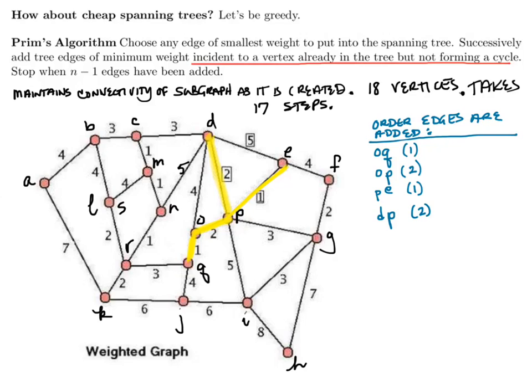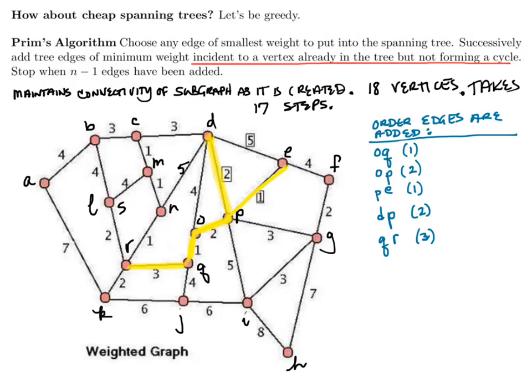And now what do you find is the next cheapest edge? Looks to me like it's weight 3, and you have a choice either to add CD or to add RQ. I picked RQ, of weight 3. Now that we're using R in our tree, we can add the edge RN of weight 1.